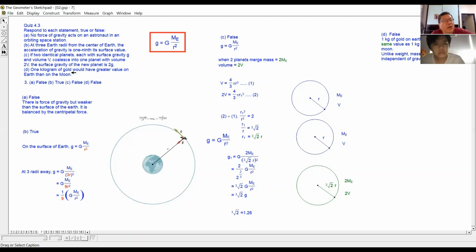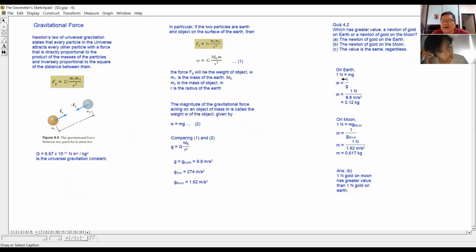Unless you say the weight will be different, because the weight depends on gravity. And that one I've shown you here. You remember this? I drew the spring balance and so on in our last lesson.